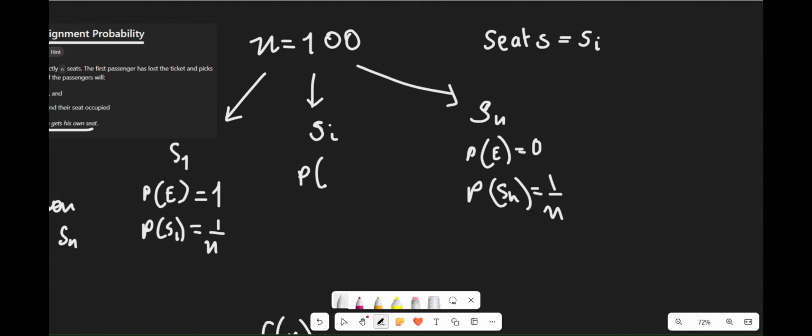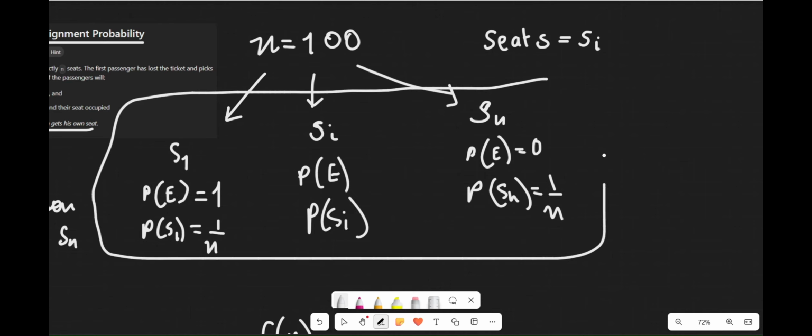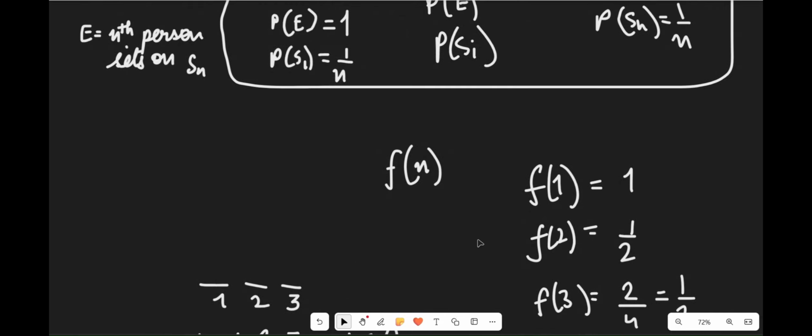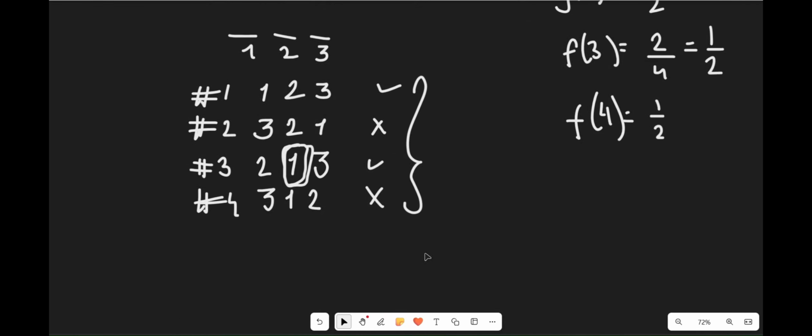Now we'll have to calculate the probability of f(n), and we have to apply the probability multiplication and addition rule to this statement. So let's see the cases.